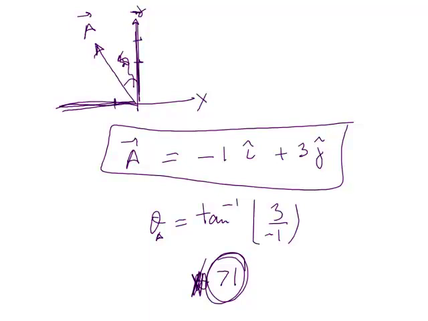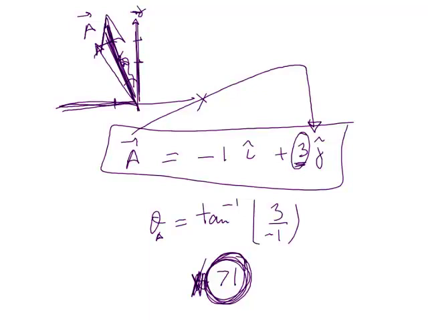Therefore, the higher number, the closer your vector is to this unit vector associated with it. Therefore, vector A is, in this case, closer to the j vector than it is to the I, because 3 is bigger. Hence, 71 given to you must be this vector, because halfway is 45.